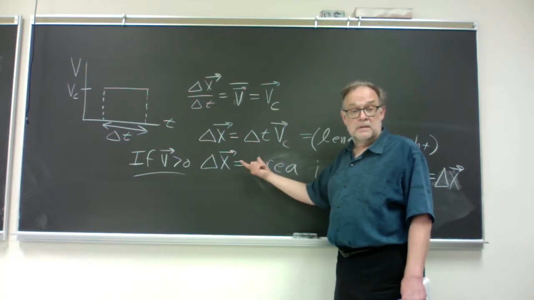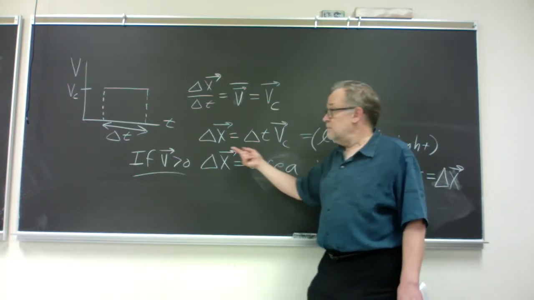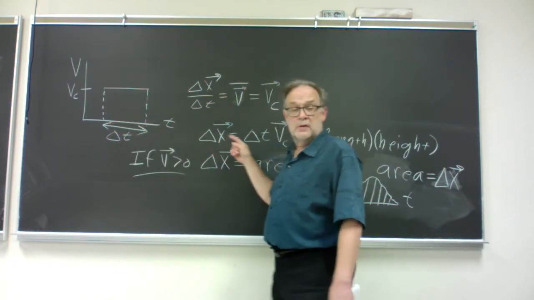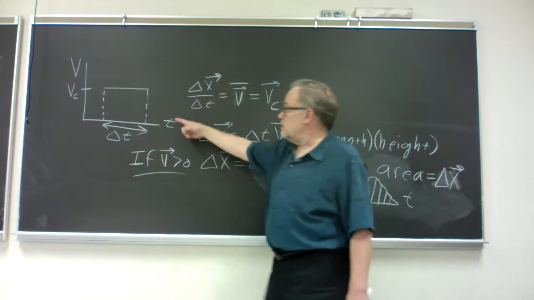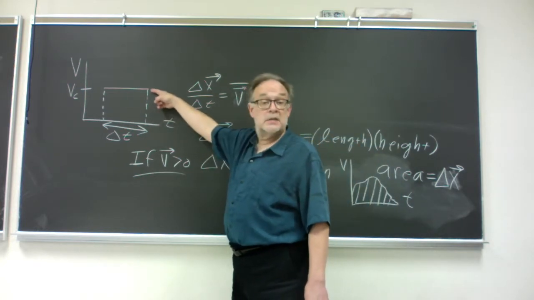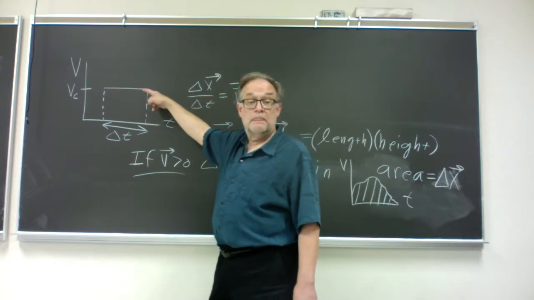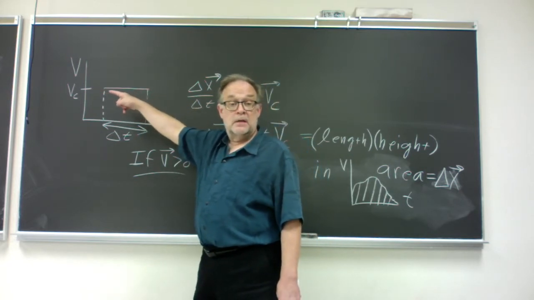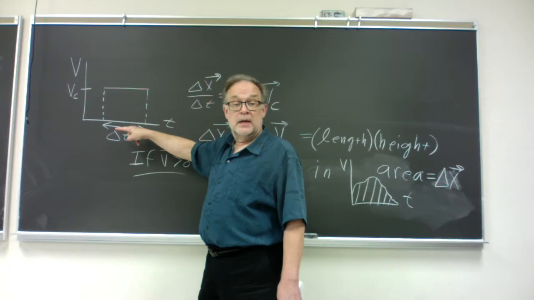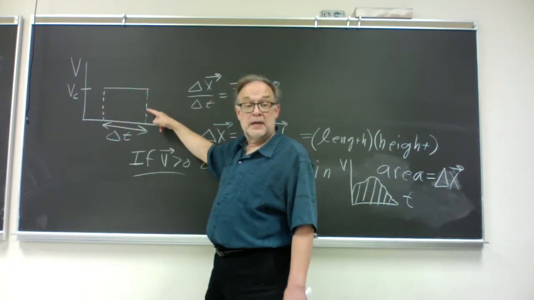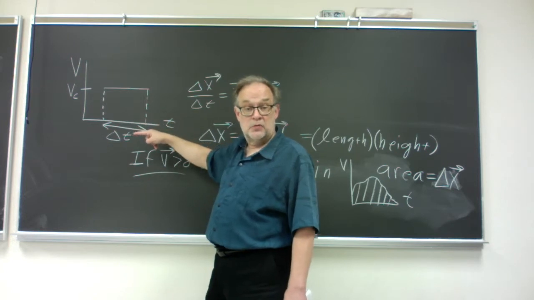But look, this time interval corresponds to this length on the graph, and vc corresponds to the height of this rectangle that's formed by the velocity line and the time axis and the initial and final times in the time interval.